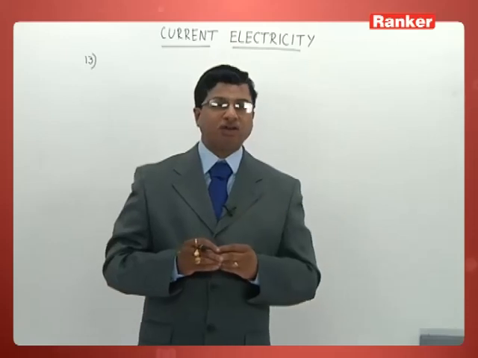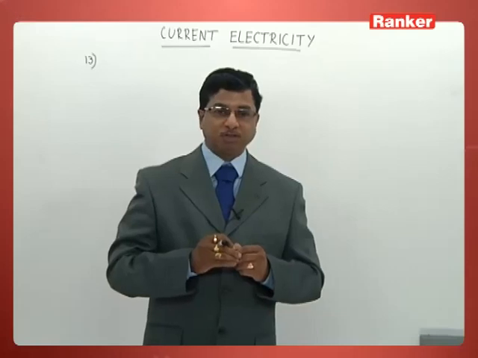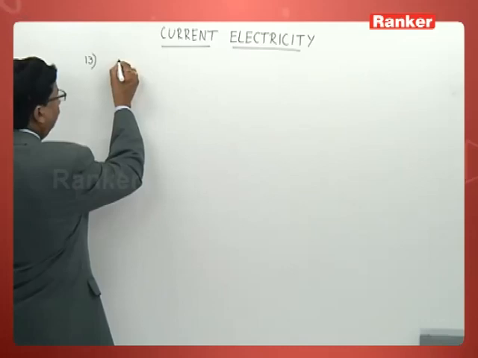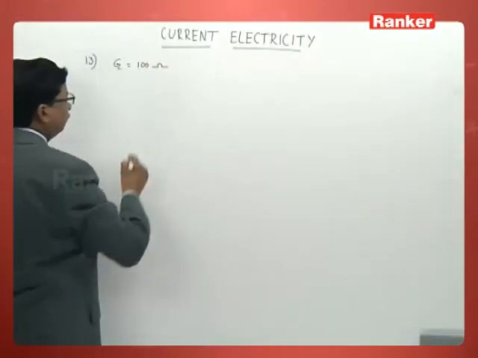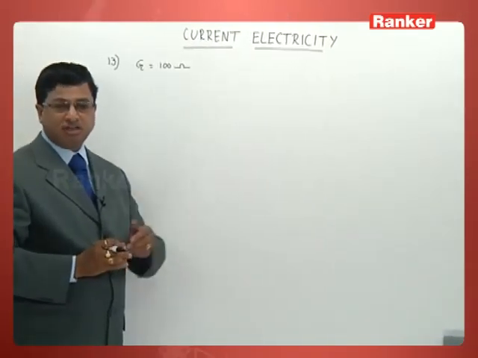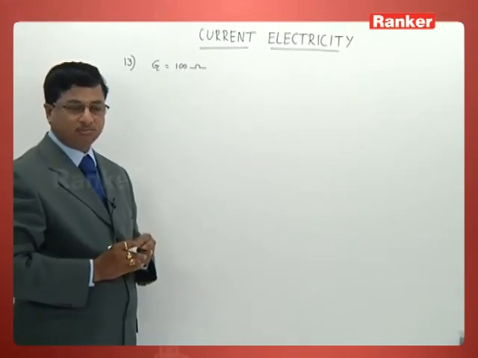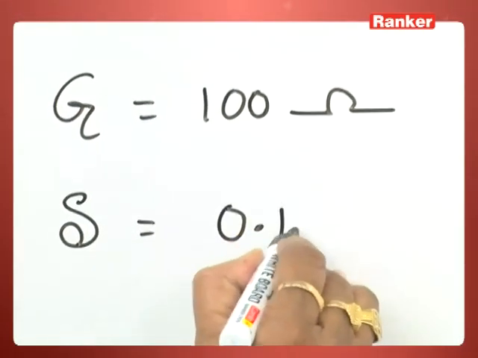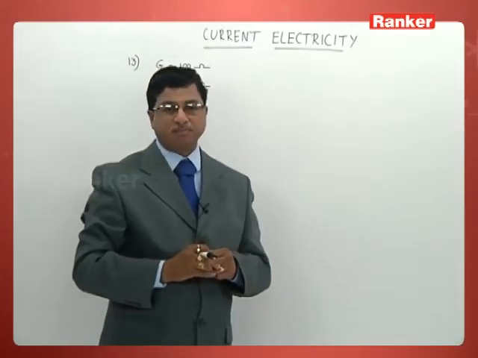So let us first of all take the data that has been provided to us. A moving coil galvanometer of resistance 100 ohm. G value is given as 100 ohm. It is used as an ammeter using a resistance of 0.1 ohm, which is called the shunt.